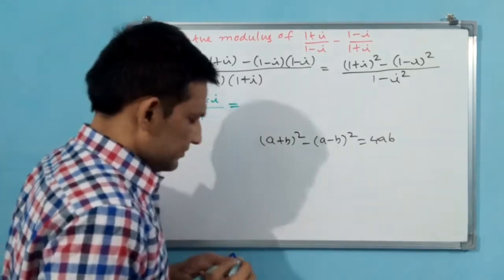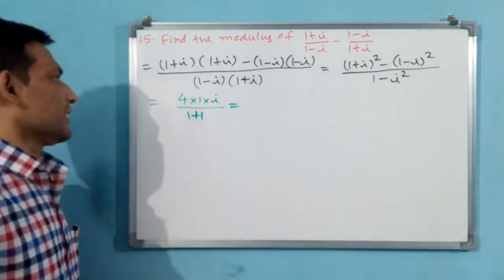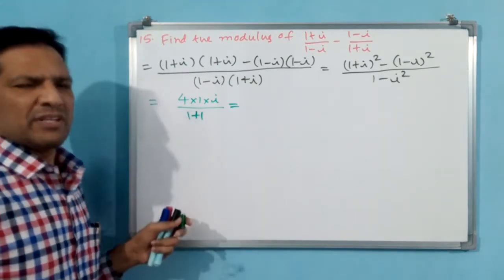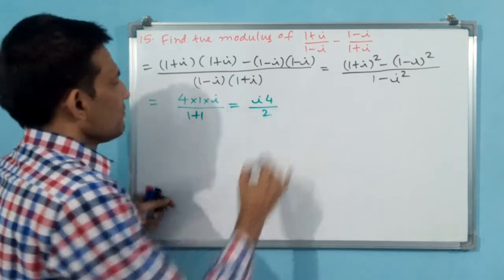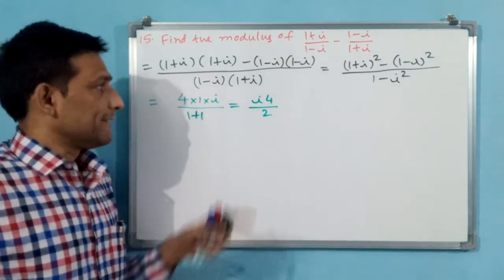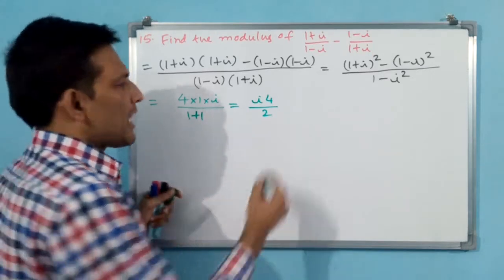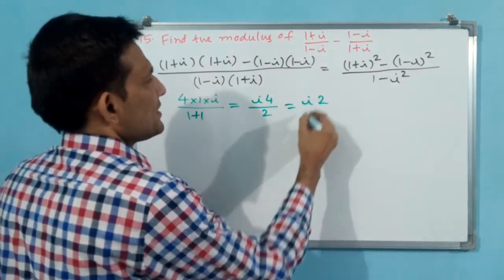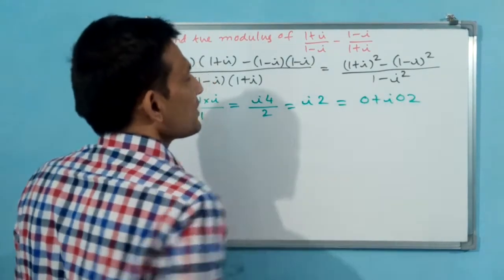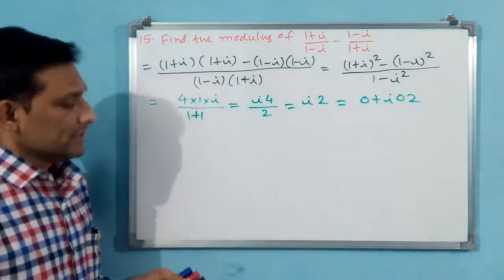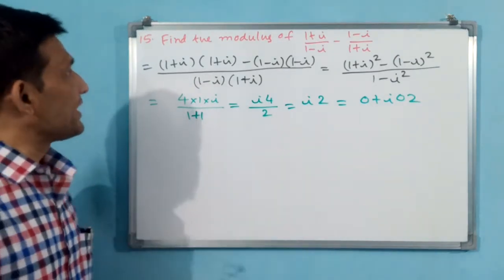Okay. 4 into 1 into i means 4i. That's all. You write 4i by 2. Is it okay? 4i by 2 means how much? 4 by 2, 2i. Finally, how is it going to become? 0 plus 2i. Okay. 0 plus 2i is the final number.